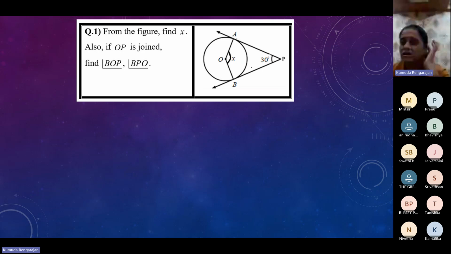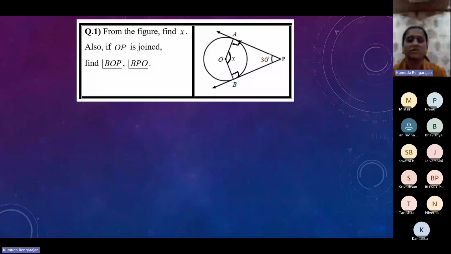A quadrilateral in which one pair of opposite angles are supplementary; when one pair of opposite angles are supplementary, the other pair of opposite angles are automatically supplementary. But this is the definition: a quadrilateral in which one pair of opposite angles are supplementary is a cyclic quadrilateral. So OAPB is a cyclic quadrilateral.